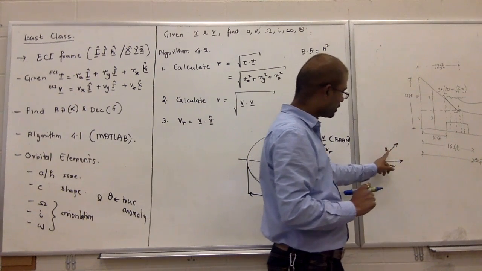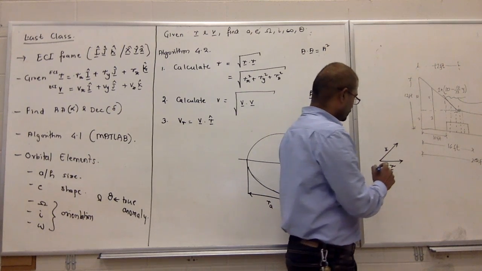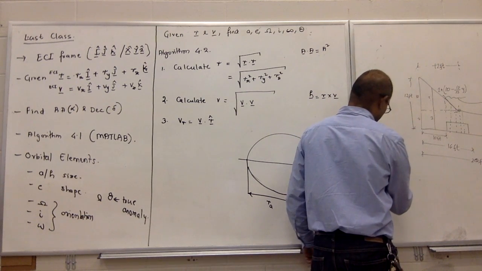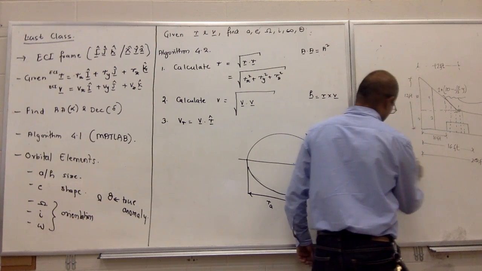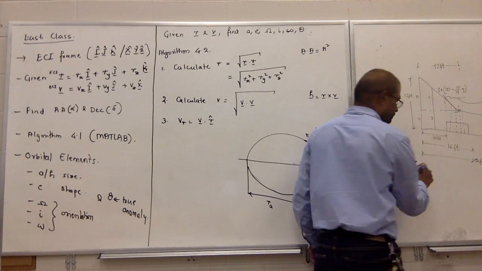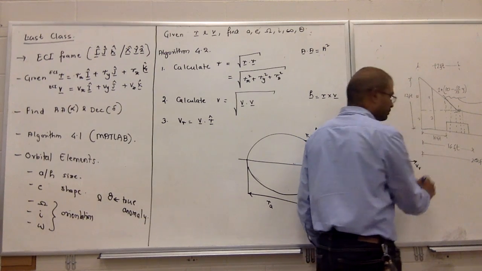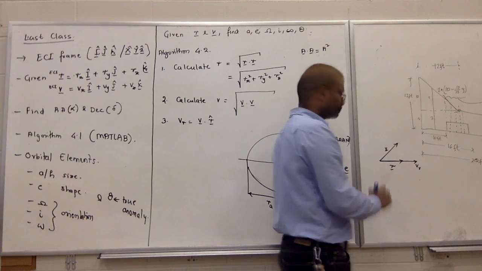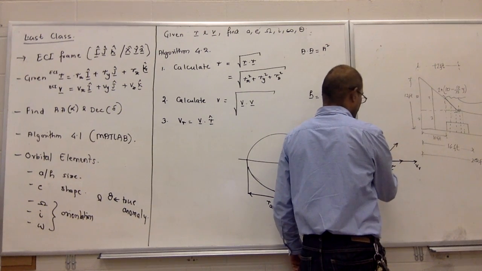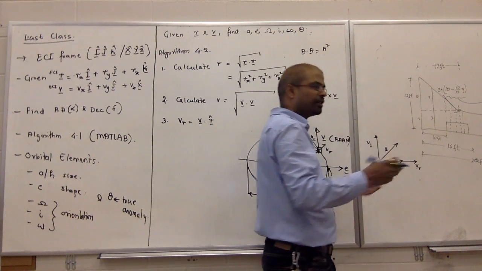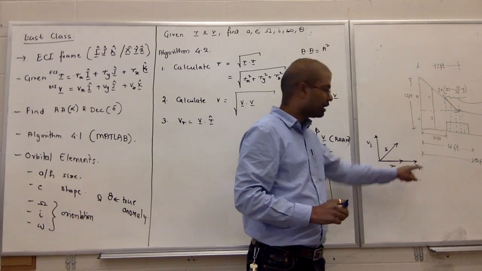What is this component of V? Can I say VR? Yes. What is this other component of V? V perpendicular or tangential? How do we calculate VR?